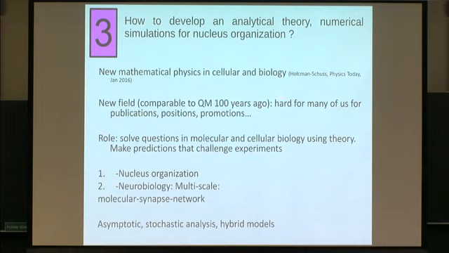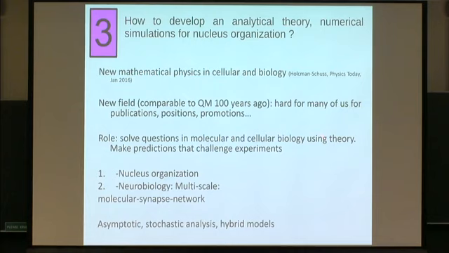We just published something in Physics Today about this idea that there are new questions in biology that require new methods that, again, are not part of classical mathematics or stochastic processes, but are in between fields and things that have to be developed.